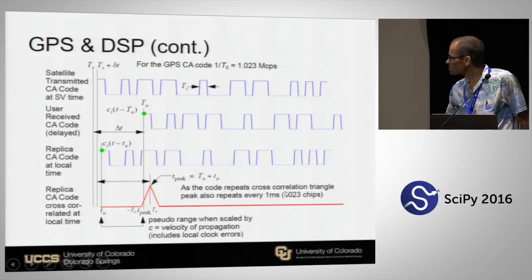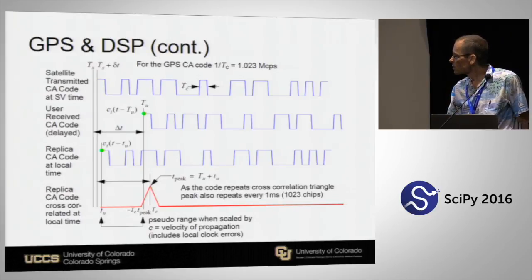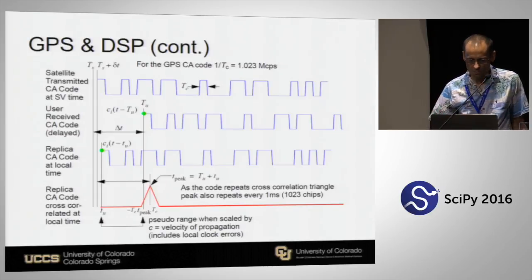It will get a strong correlation peak when it finds a code alignment with that one particular satellite signal that it believes to be overhead at a particular time.